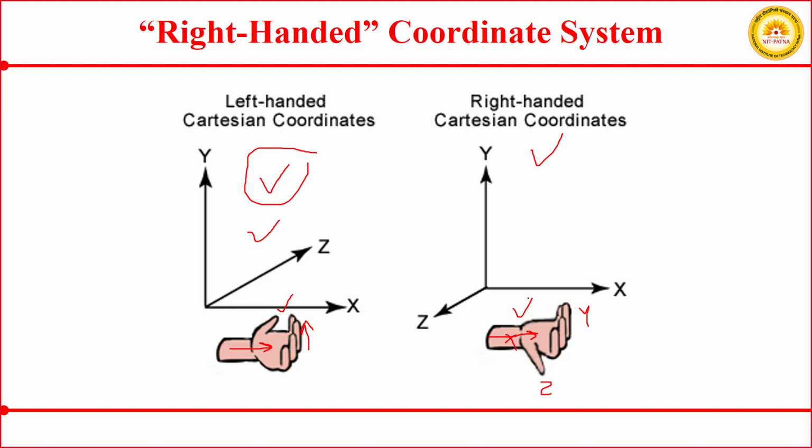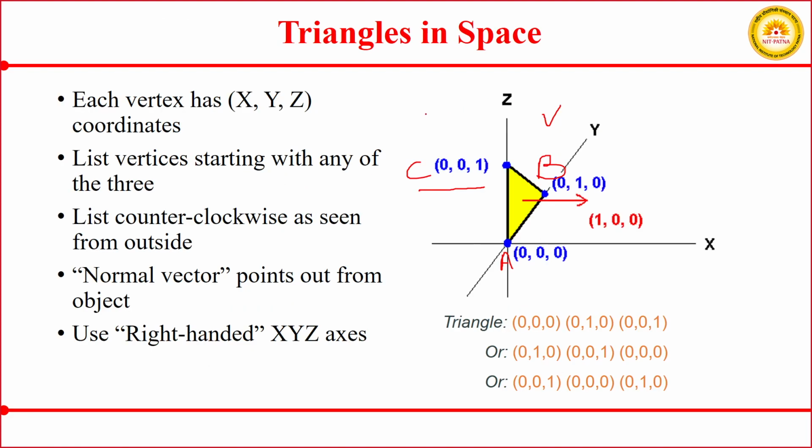So in representing triangles in space, we are using the right-handed x, y, z axes, or the right-handed coordinate system. Using this, we list all the vertices in the counterclockwise direction.